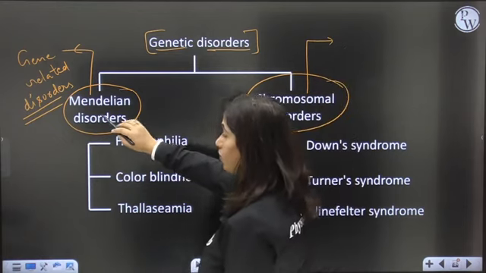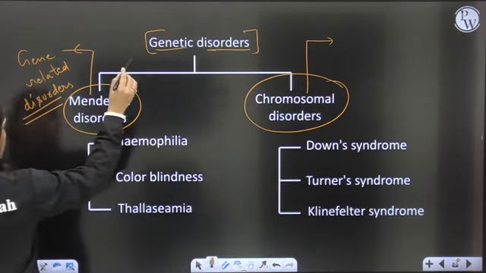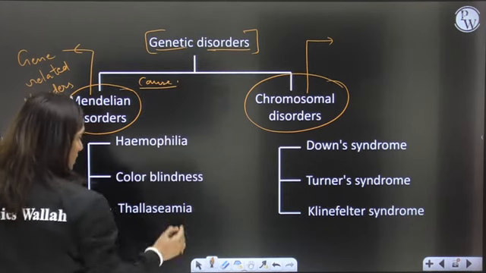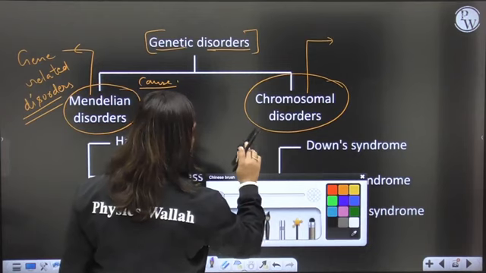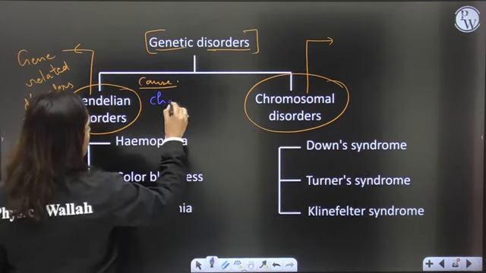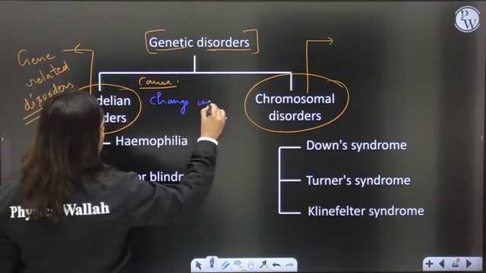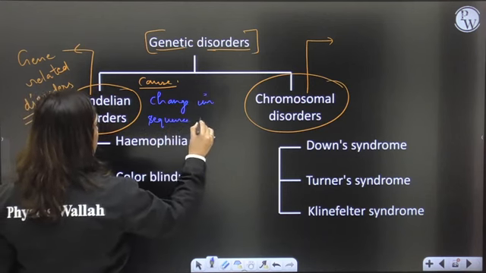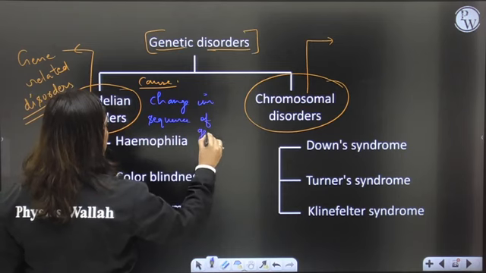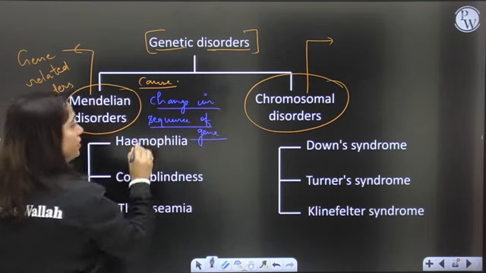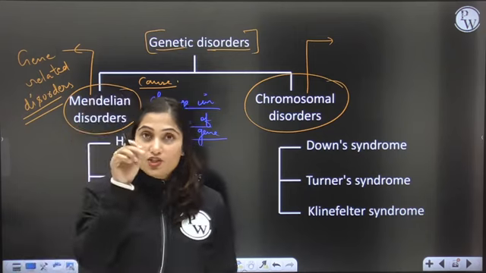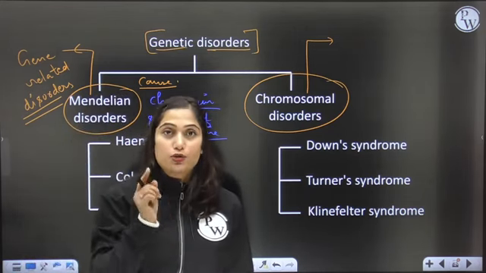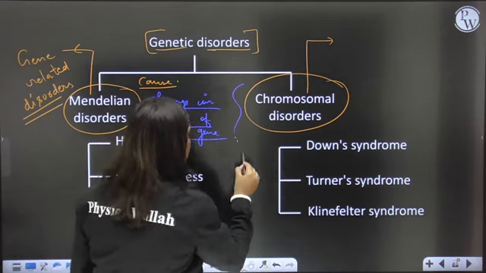And what is the cause of Mendelian disorders? The cause is change in sequence of gene. When there is any change in the sequence of gene, then it is a Mendelian disorder or gene-related disorder.